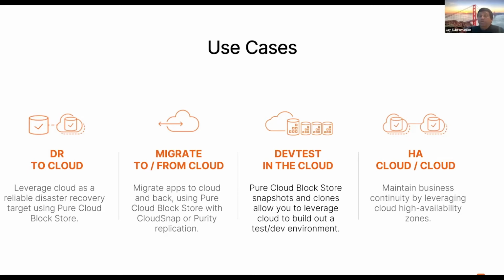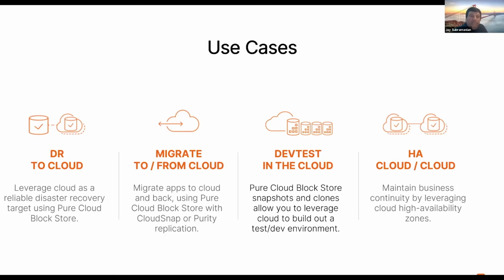Similarly, we want to have the flexibility of dev test. That's also possible with Cloud Block Store for Azure environments, as well as active cluster capabilities. This is synchronous replication between availability zones within the cloud. These are the common use cases that we get into.